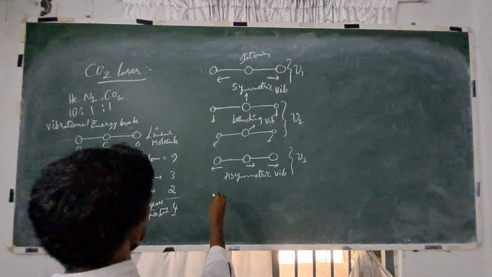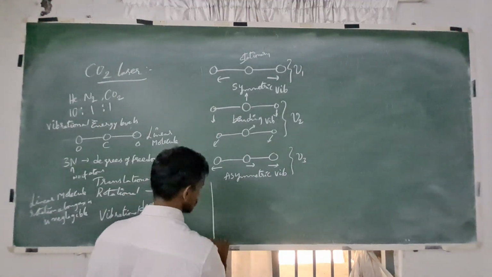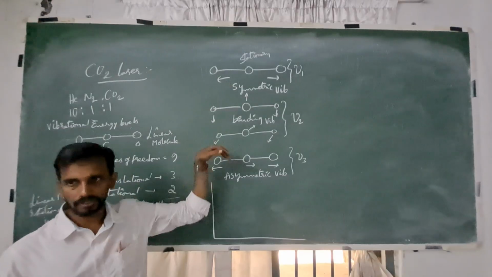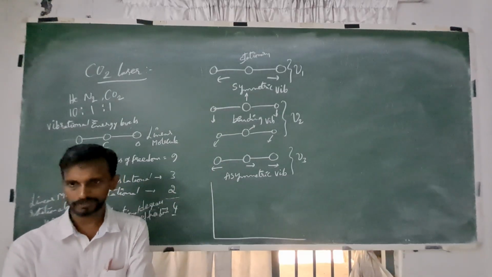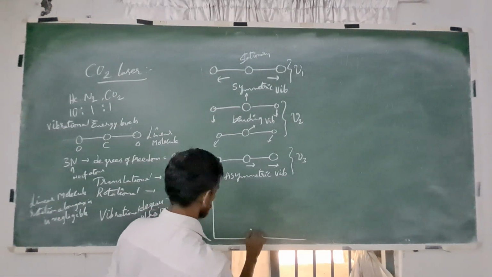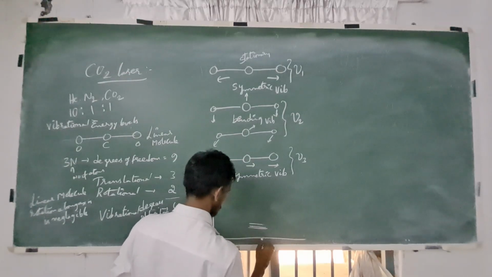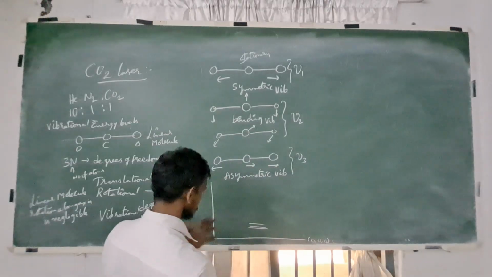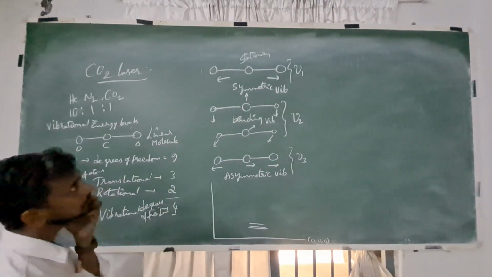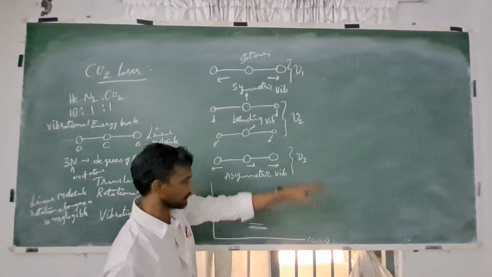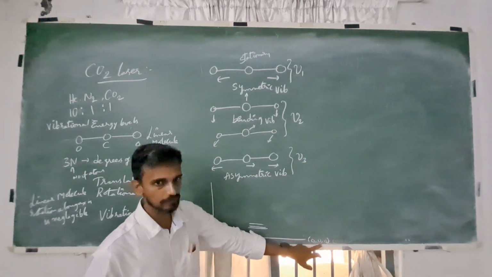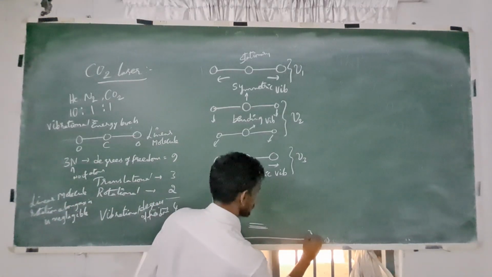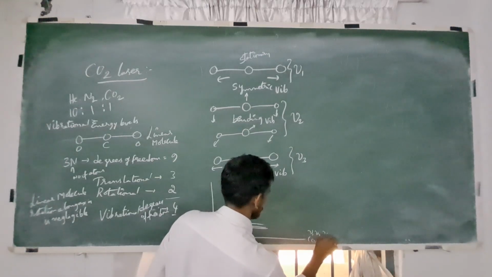So if you see the energy level diagram for these 3 modes, bending is a little easier out of these 3. If I consider 0, 0, 0 as the ground state, these are the 3 vibration modes. I am considering them as 3 different digits: nu1, nu2, nu3.